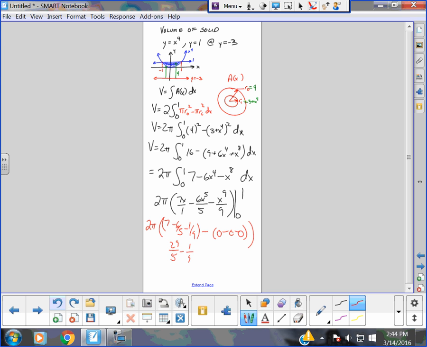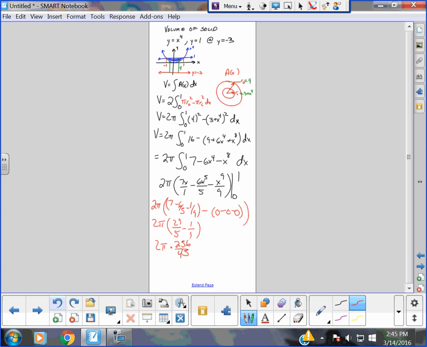If it was 30, it'd be 270. It's 265 minus 5, so 260... over 45, is that right? 256 over 45, darn. Times 2 pi the whole way. So everybody, the answer is 256 doubled, which is 512 pi over 45.